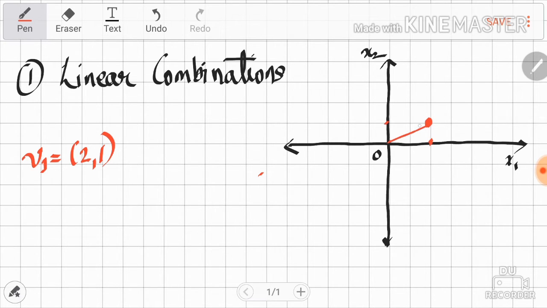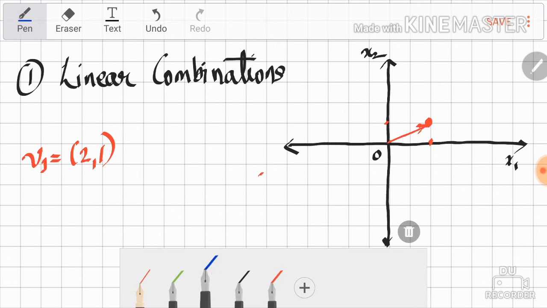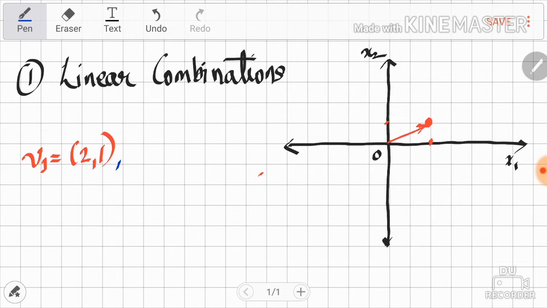The vector, which is represented by this arrow, is 2 comma 1. Let's take another vector, say 1 comma minus 1. So 1 is here and minus 1 is here, so 1 comma minus 1 is this point, and when you represent it by the arrow you get this.